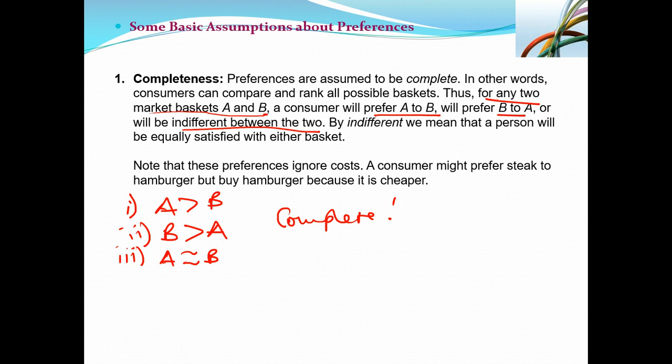That's the first property of preferences: consumer preferences are complete, in the sense that the consumer is able to compare and rank these various combinations. Of course, this ranking depends on utility, the amount of satisfaction that he or she derives.